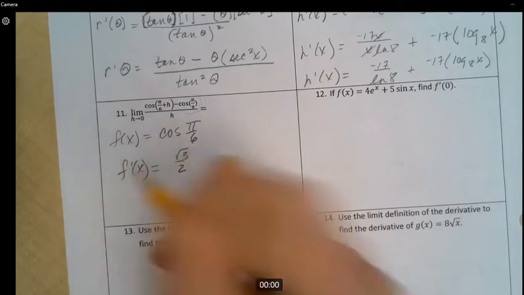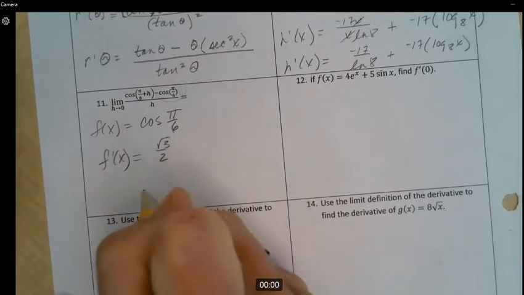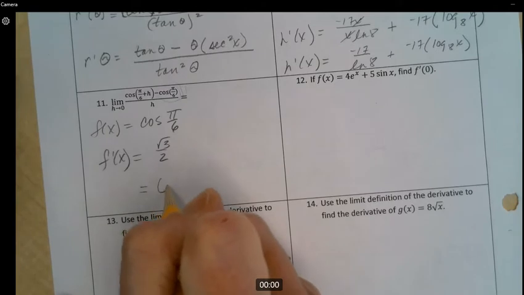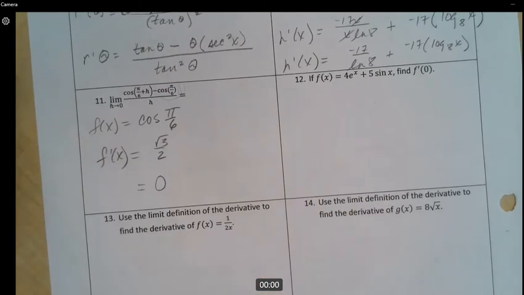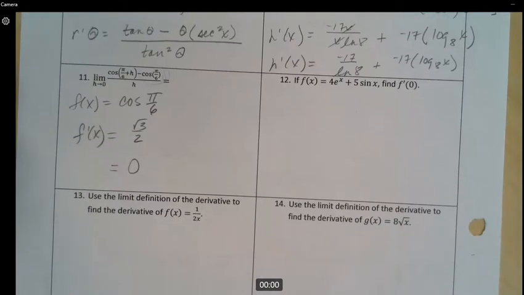The derivative of a constant is 0. Holy, trick question. If I'm asked to find the derivative, that's what that's going to end up being, right?